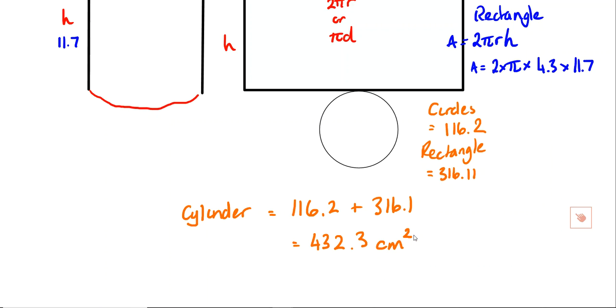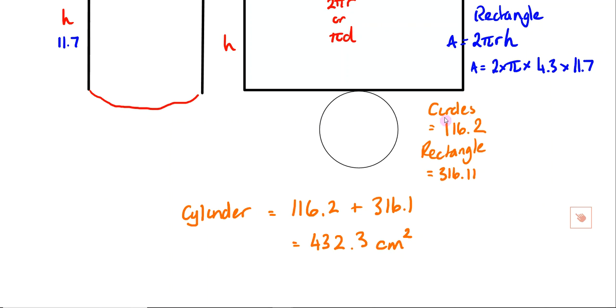Okay. So that's it for surface area of a cylinder. Easy enough, right? Those of you that did it for homework, is that the method you used? Actually, I worked out the circumference of the circle first, which I then used to find the width of the rectangle, and I already had the height.